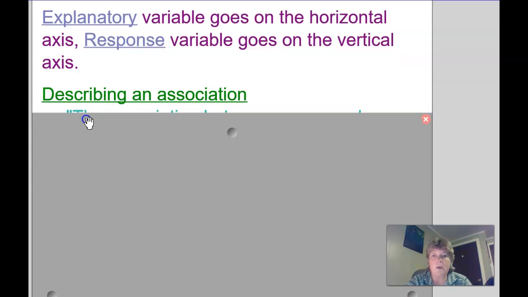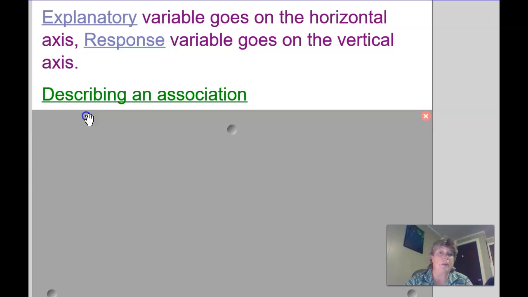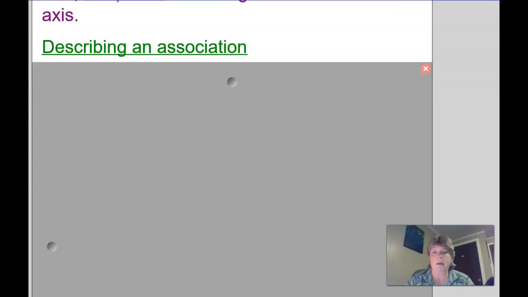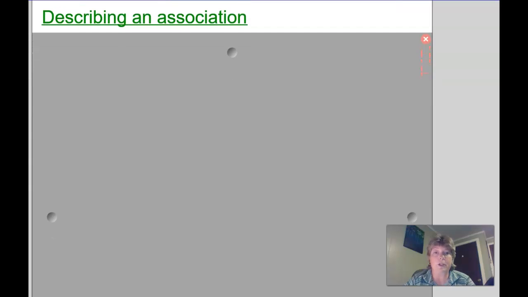So when you go to describe an association that you see in a scatter plot, just generally speaking, here are the things you should talk about. You want to make sure that you're doing this in context. And as with the descriptions for the distributions we've already talked about, you should not be starting your sentence off with the graph is or the scatter plot is.